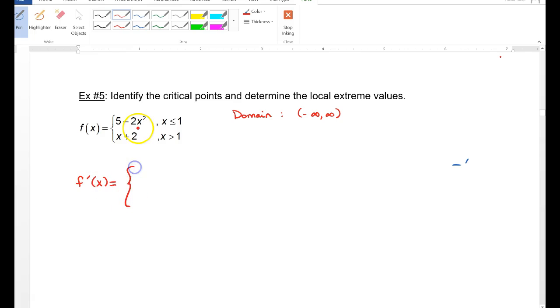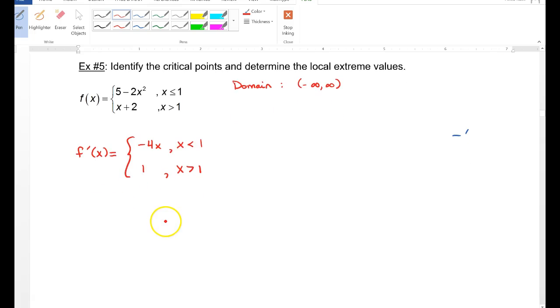The derivative of the first line, we get negative 4x. When we have the derivative, we drop the equal to sign, because this could imply that there would be a corner. The derivative of the second part, x plus 2, becomes 1 when x is greater than 1.